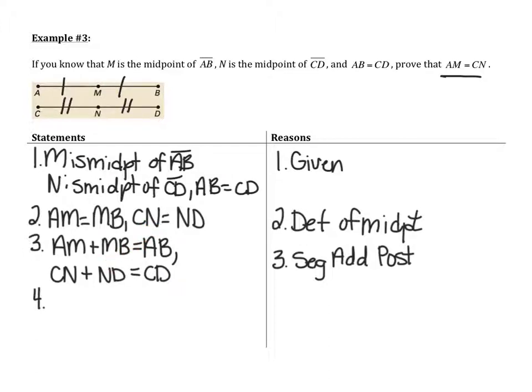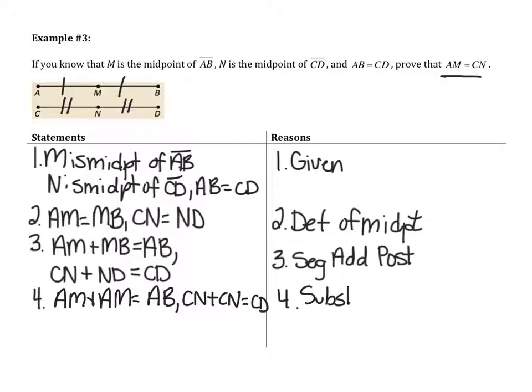So now I know that AM plus AM is equal to AB, and I know that CN plus CN is equal to CD. I know that because I substituted what I knew about AM and MB and CN and ND. So that was the substitution property.